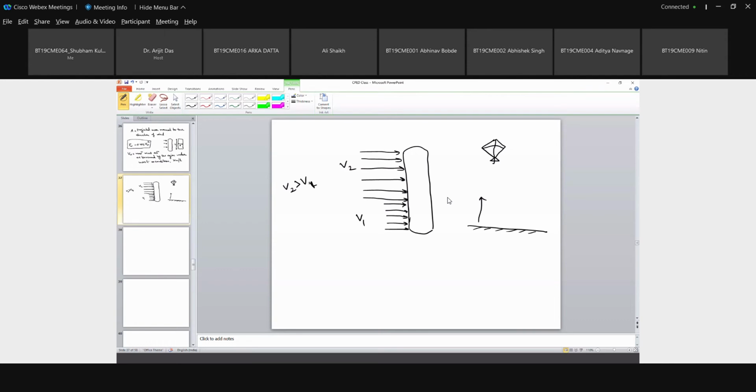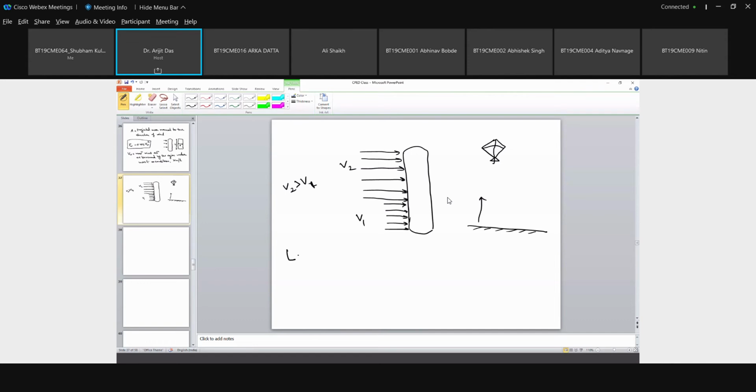Then how do we estimate this type of problem, where there is a change in the wind velocity? In this case, we will calculate or estimate the wind load and bending moment like this.